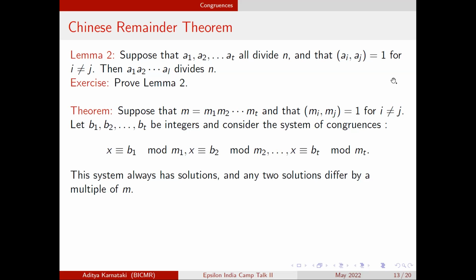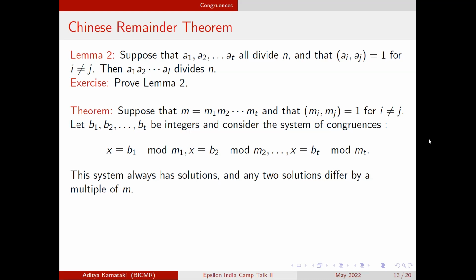And then the statement of the Chinese remainder theorem is that suppose that M is composite or whatever, written as a product of M1, M2 up to MT, such that the GCD of individual ones is 1 if they are distinct. And let B1 up to BT be integers, and we have a system of congruences, not just one congruence: X congruent to B1 mod M1, X congruent to B2 mod M2, and so on.